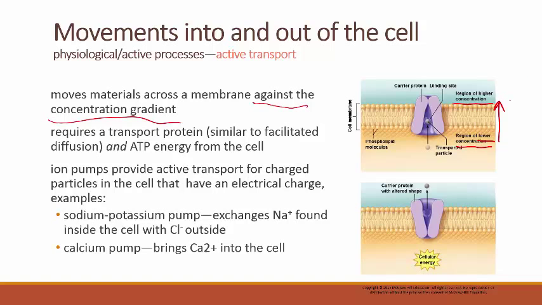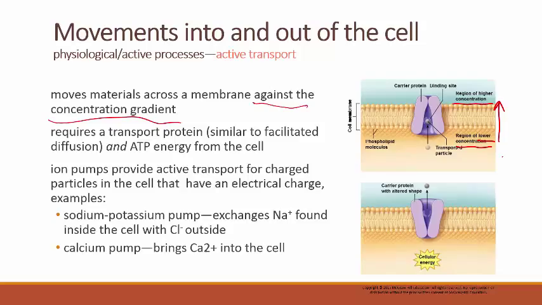So ion pumps are an example of active transport, and they move charged particles like sodium, potassium, calcium, chloride ions. These are all moved when they need to be moved by these things called ion pumps. And because the ions have a negative or a positive charge, they cannot pass through that nonpolar lipid bilayer.